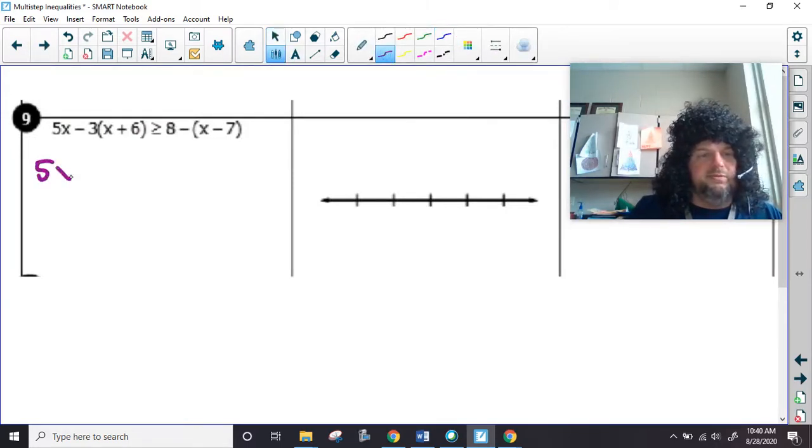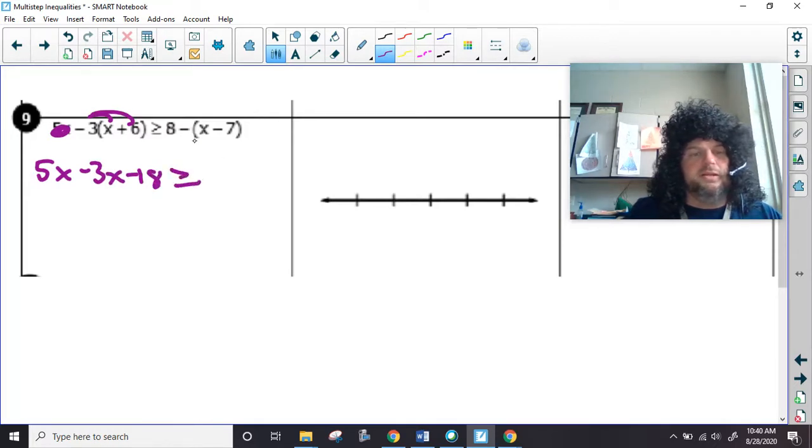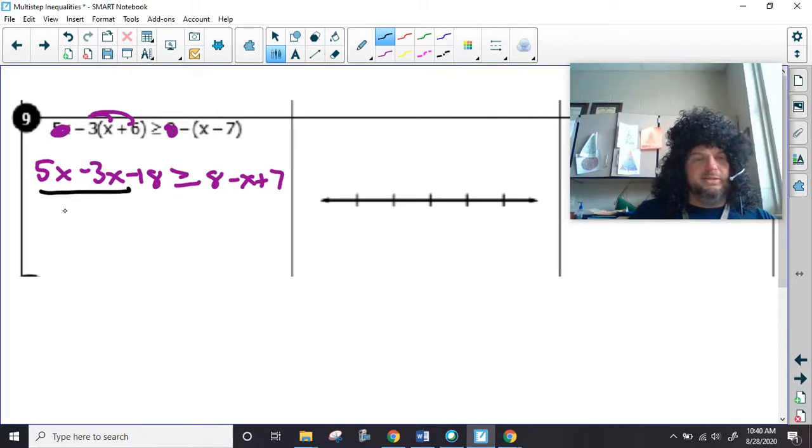So 5x, I'm going to kind of cover this up now because that will help me. I got to distribute minus 3x minus 18 greater than or equal to, holy smokes. We got another negative, then we got an 8 minus x plus 7. Wow, what's going on? All right, so I'm going to combine like terms on this side.